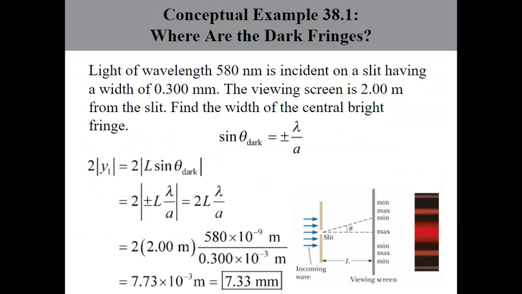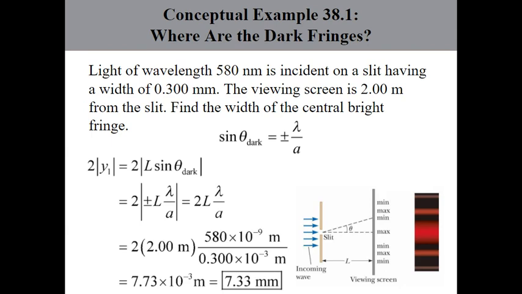So here's a problem from the textbook. It's pretty self-explanatory, but it's worth pointing out that what they're asking for here is the vertical position. The relationship between the angle of the dark fringe and its vertical position is with the sine function and the length, necessarily the distance between the slit and the screen, because that gets you the vertical position as measured from the center to the dark fringe.